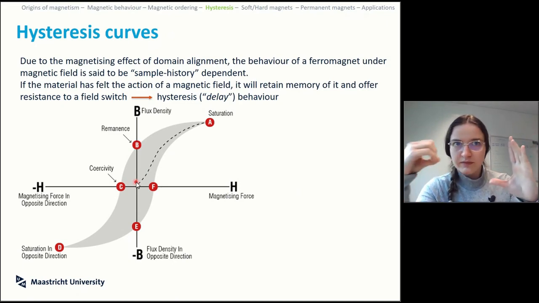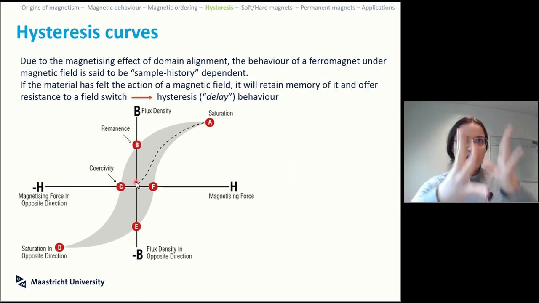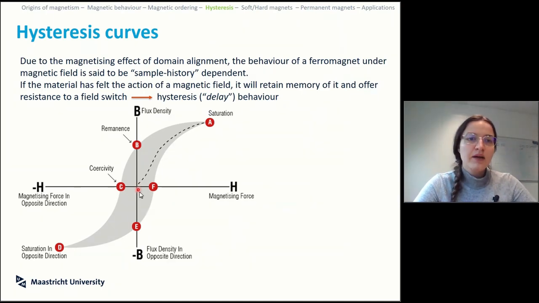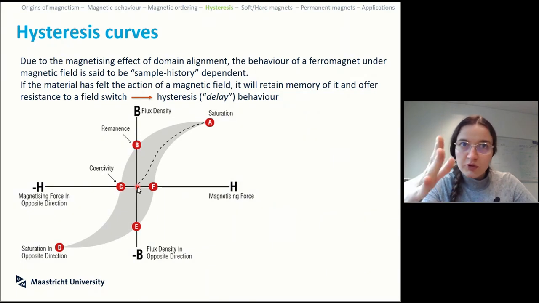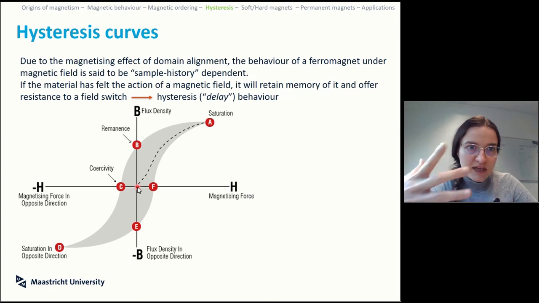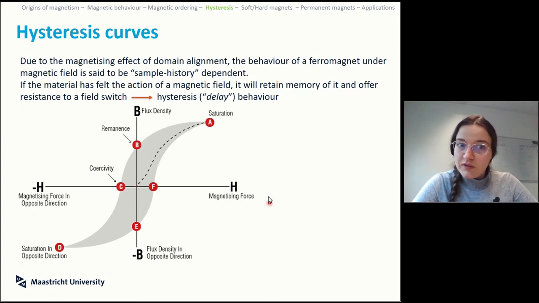So you have the applied field and the lines of field inside. If your material just went through the Curie temperature by itself, with no perturbation, you have zero net magnetization of the material. If you didn't apply any magnetizing force, there is no flux in the material.